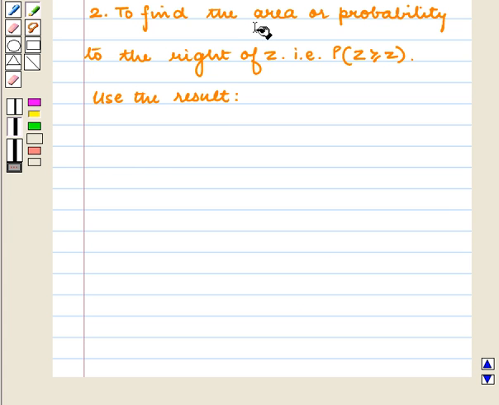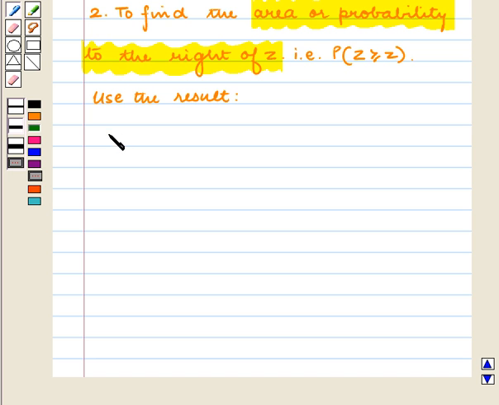Now to find the area or probability to the right of z, that is probability of random variable z greater than equal to z, we use the result probability of random variable z greater than equal to z is equal to 1 minus probability of random variable z less than z.